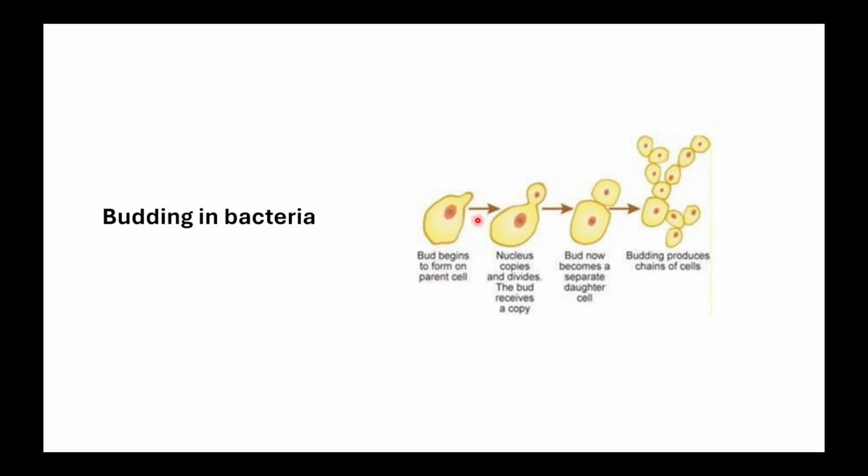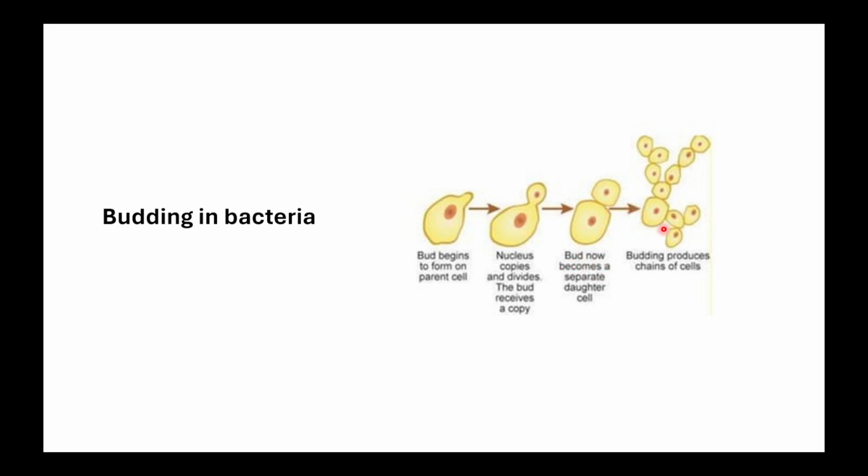A bud starts forming, then after the genome gets copied or duplicated, one copy moves into the bud. The nucleus copies and divides, the bud receives one copy after the nuclear division or the genome DNA replication, and then the bud can become a separate daughter cell.